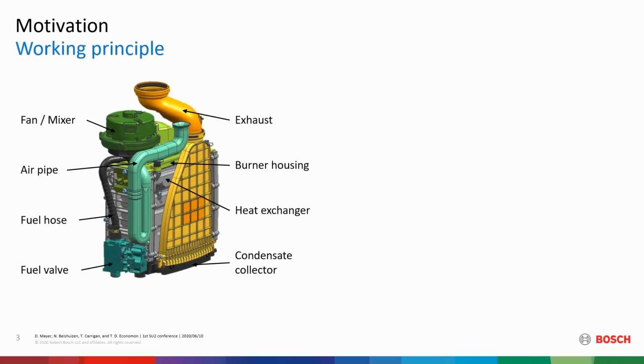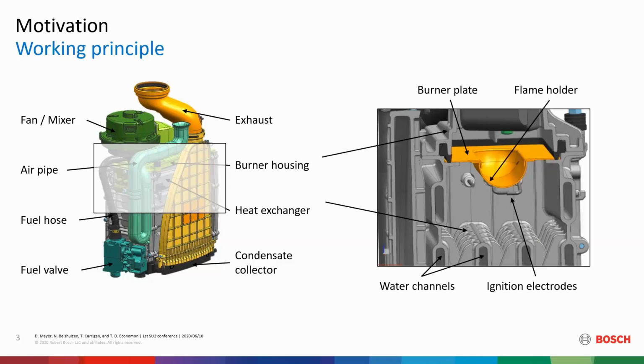So let's take a look at the heat cell. Fuel and air enter that heat cell through the fuel valve and the air pipe. The gases get mixed in the mixer and then a homogeneous pre-mixed natural gas air mixture flows into the combustion chamber. On the right-hand side you can see a cross section of that device.